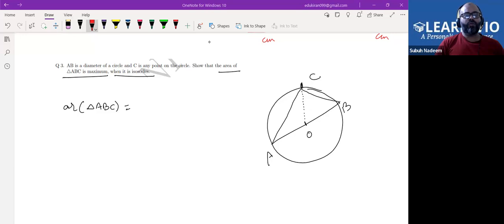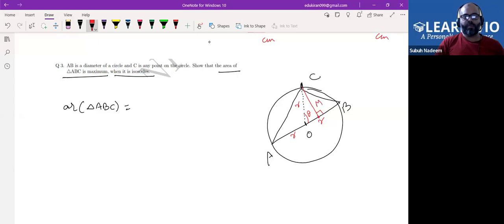So what we will do, we suppose that this is the radius R, this is R, this is R. And the angle OC is making is theta with the diameter AB. Let us drop this perpendicular here, CM, let us call it.